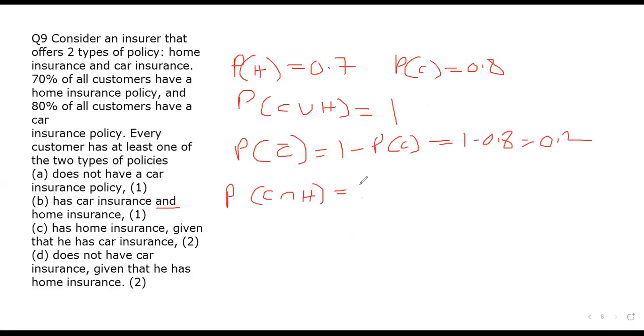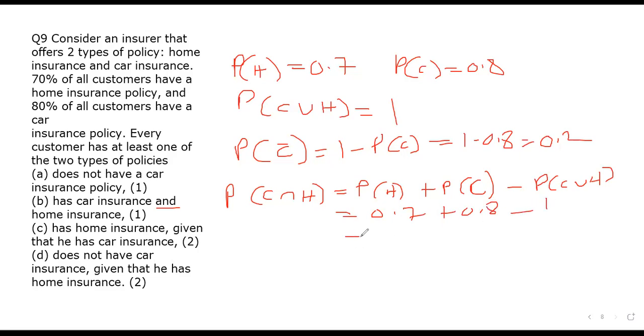So in this case, probability of C and H, subtract the what? The union set. So probability of H was 0.7, probability of C was 0.8, and when you unite them, we get at least one has both. So 0.7 plus 0.8 minus 1, we get 0.5.